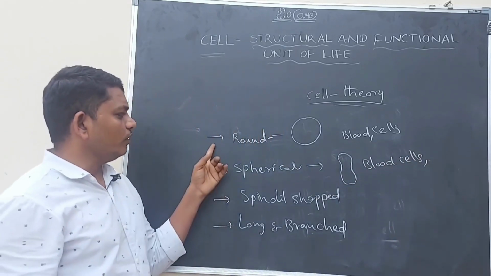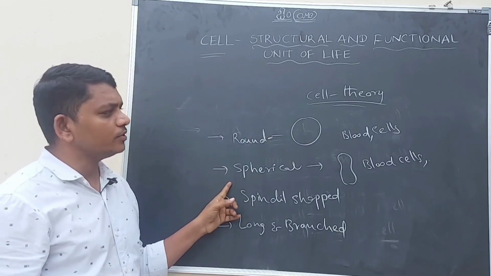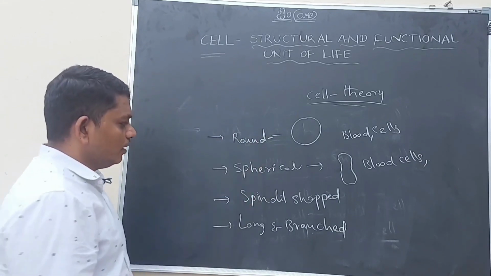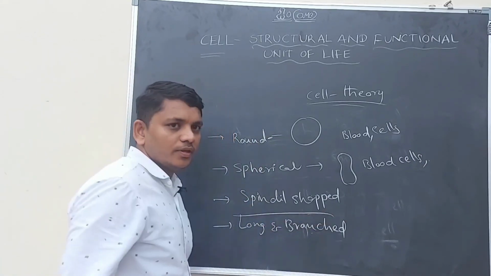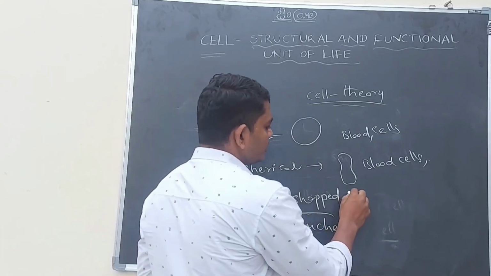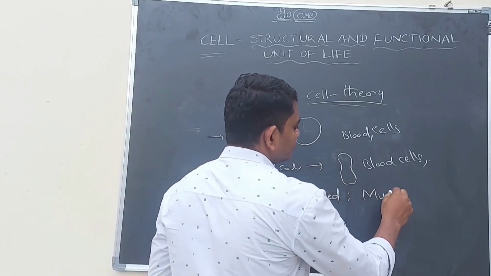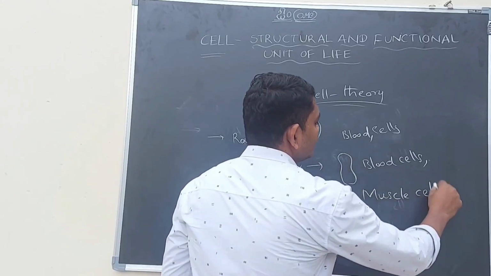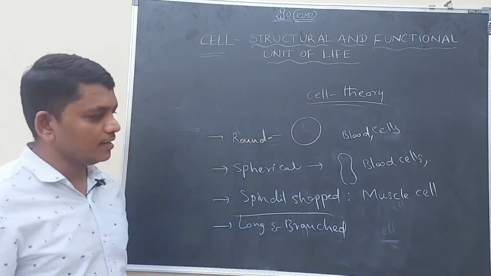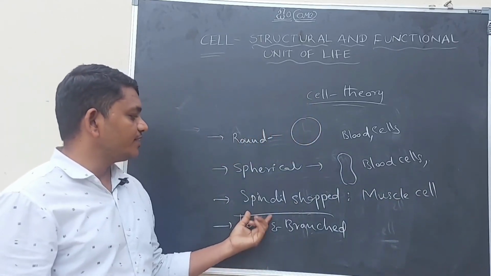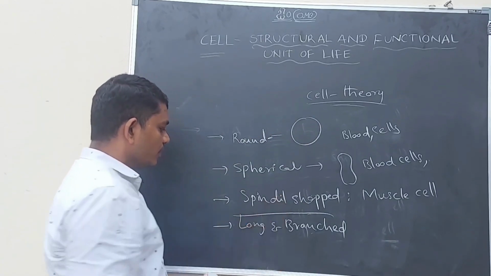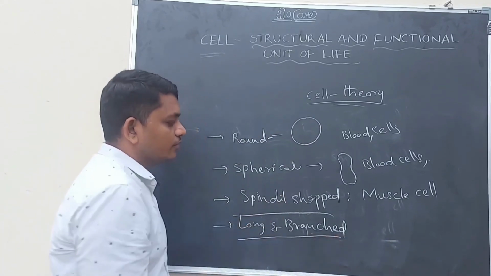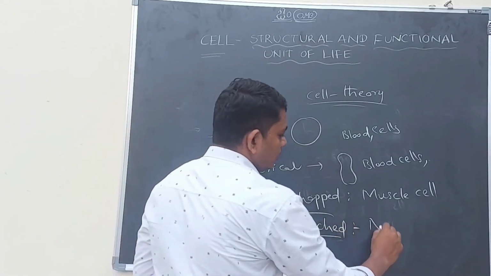So for round and spherical shape we can give examples blood cells, and spindle shaped, best example for the spindle shape is muscle cells. Cells in the muscles are best examples for spindle shaped. And long and branched example is nerve cell.